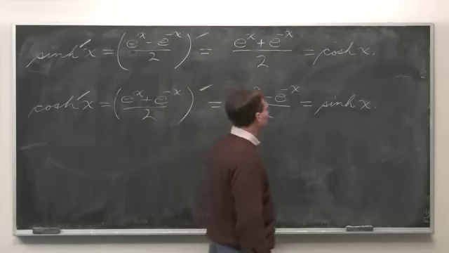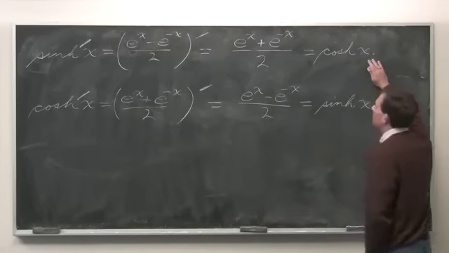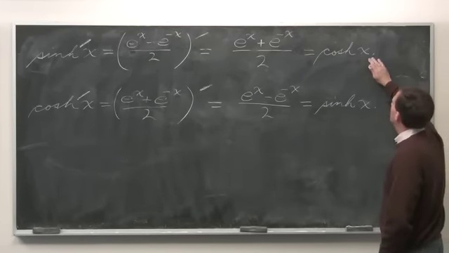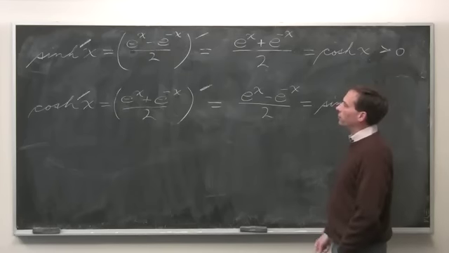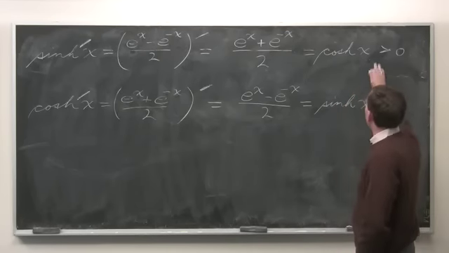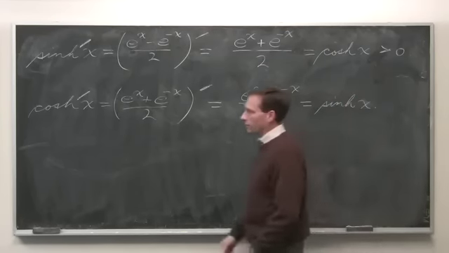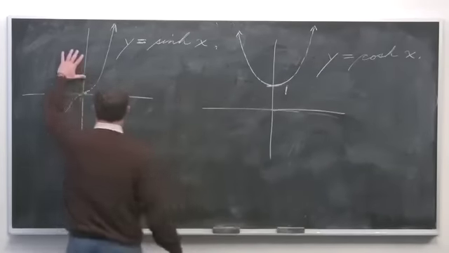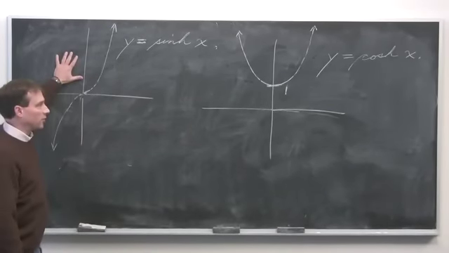But we said that it was easy to see that hyperbolic cosine is greater than 0. So the derivative of hyperbolic sine is always positive. That means that the function is always increasing. That's what I drew in the graph.